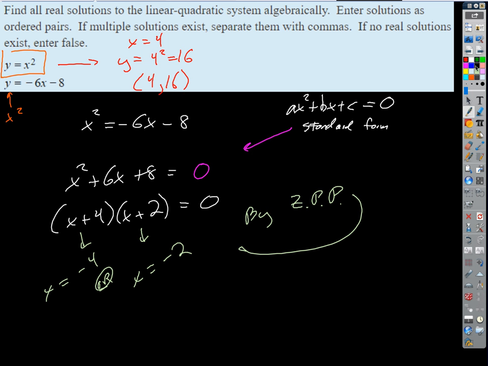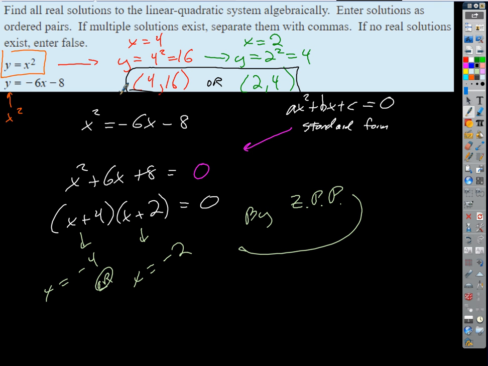Okay, what if we pick x equals -2? Then y equals -2 squared, which is 4. So these two solutions are the ones we get, right?